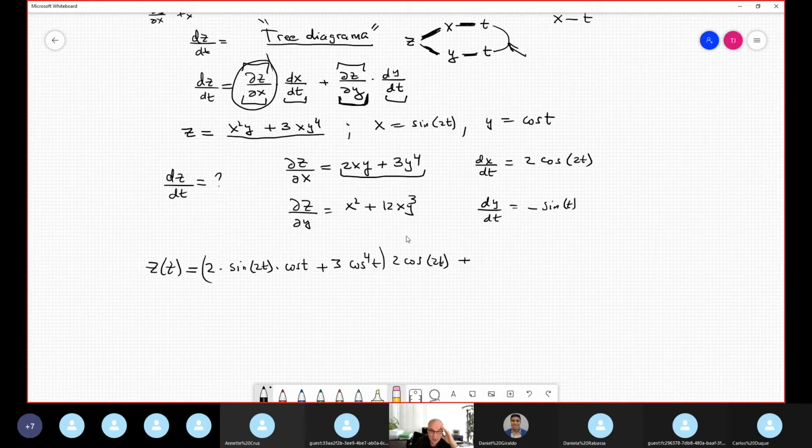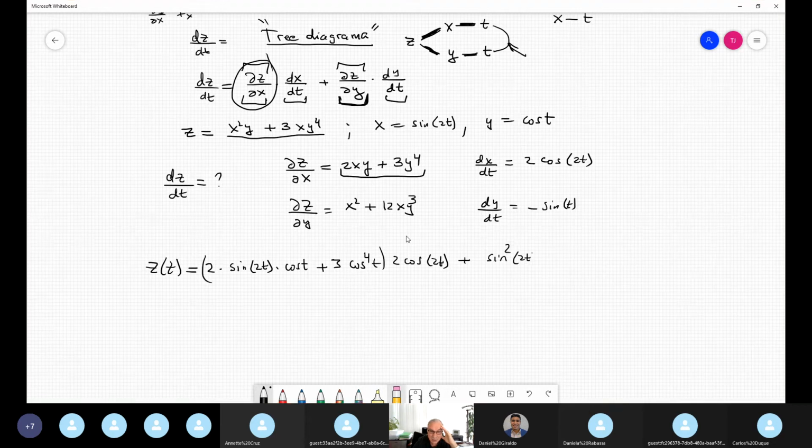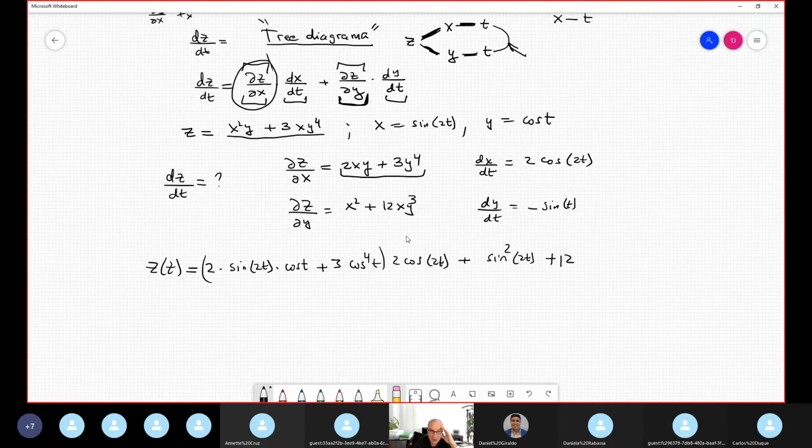This is x, which is sine squared 2t. Plus 12, x is sine 2t, y is cosine cubed t.